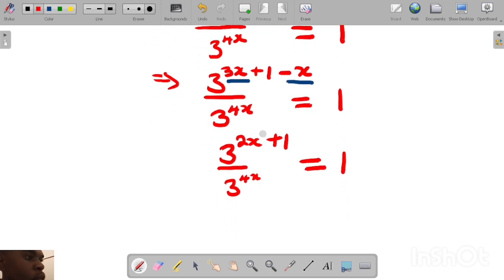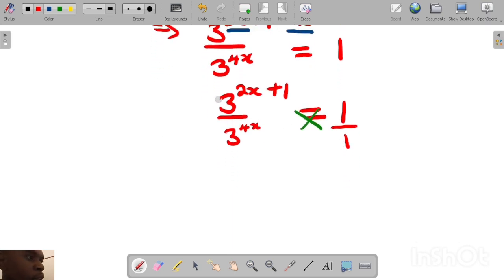When you reach this stage, there are two ways you can solve this. You can follow the laws of indices by saying that since the bases are the same and are dividing, the powers subtract. Or we write the right hand side as a fraction. We'll go by this way, and then cross multiply.